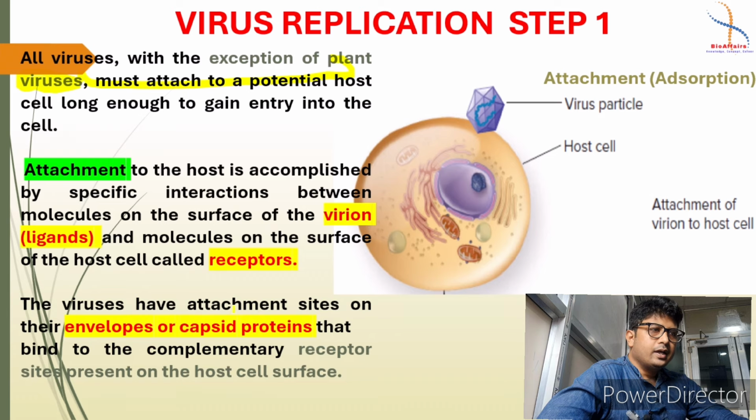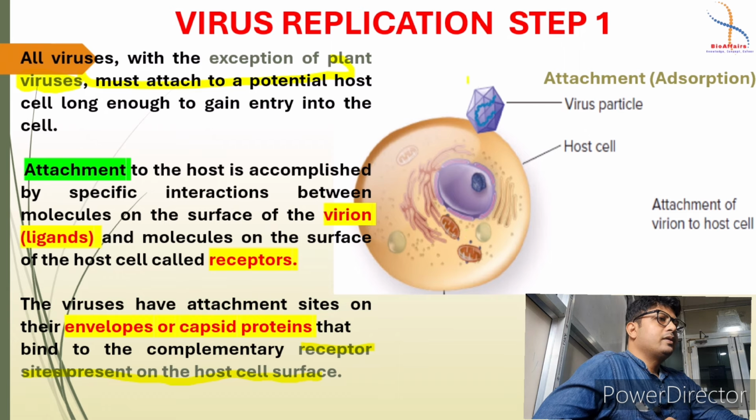Okay. And the viruses have attachment sites on their envelopes or capsid proteins that bind to complementary receptor sites present on the host cell surface. So this line tells you clearly that receptors are bound by the viral ligands, which can be any kind of capsid protein or envelope protein.